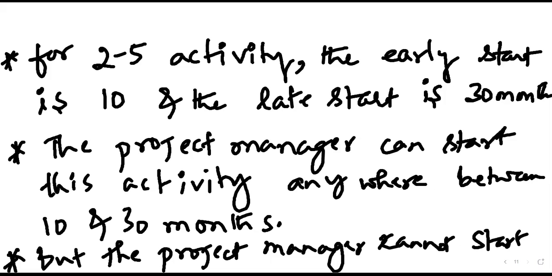For I think the rest of the activities, there is not much of a gap. They have to strictly start on the same day itself, because the early start and the latest start are the same. For 2-5 activity, there is a gap of 20 months. So there is a lot of flexibility available for the project manager. Okay, I'm just going to the next screen.